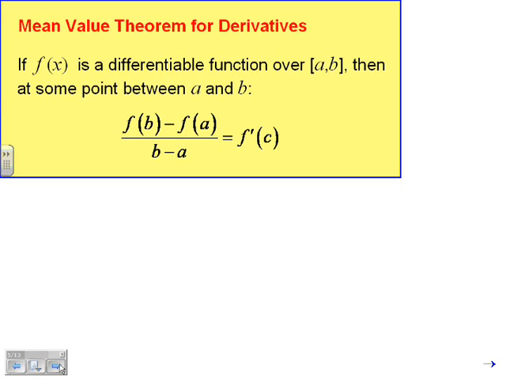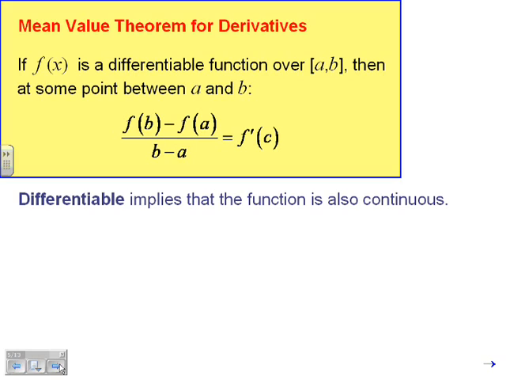So a few things that we can say about this. First thing, just kind of a reminder, differentiable implies that the function is continuous. That's based off of our initial definition of derivative. To be able to have a derivative everywhere, it has to be continuous everywhere. The other way around is not necessarily true.